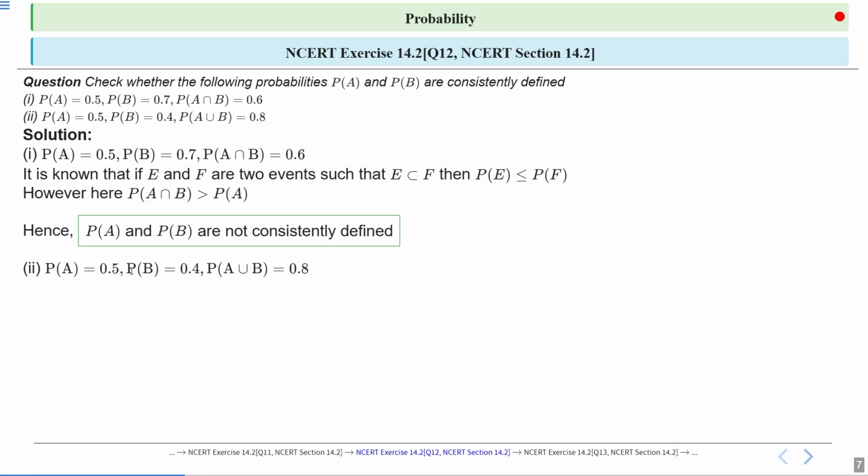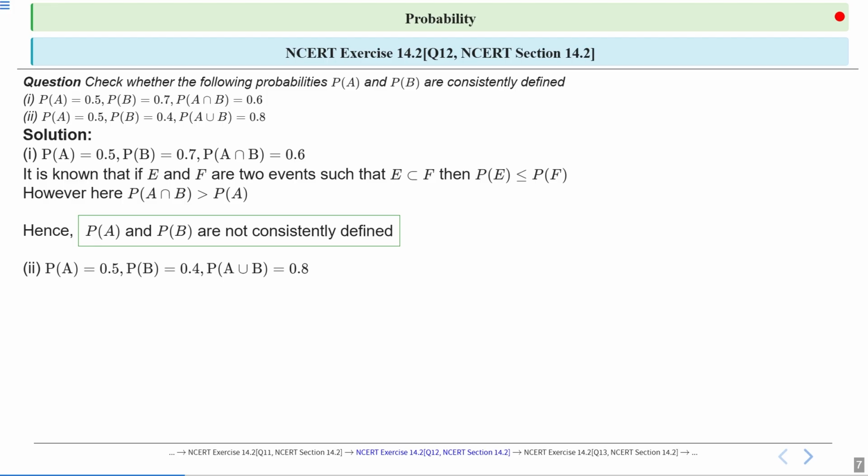So in the second one, we have given probability of A is 0.5 and probability of B is 0.4. And we have given probability of A union B is 0.8. Clear?